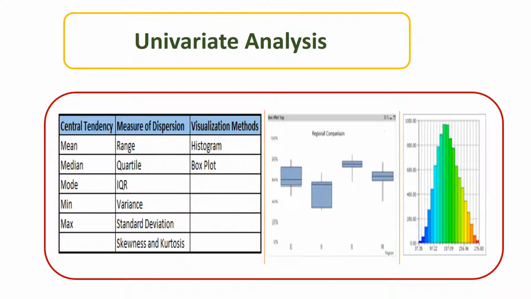For visualization, we can use either a histogram or a box plot. The box plot shows the median, first quartile, third quartile, and upper and lower limits, and it also shows any outliers present in our data. The histogram shows how the data is distributed. It may show a normal distribution, but it is very difficult to find one.